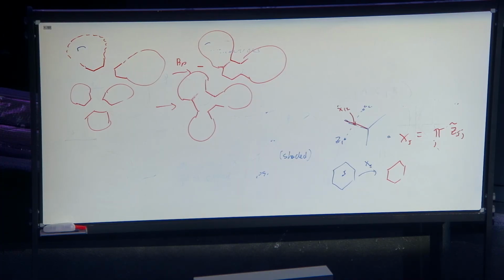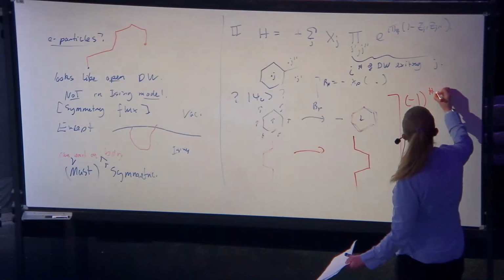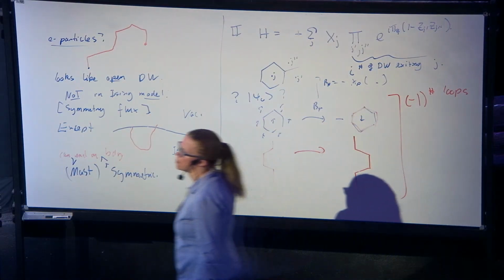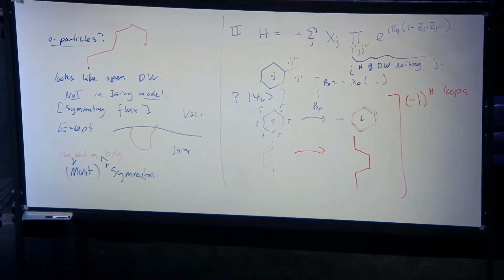So what's the pattern here? Now we can spot it very quickly. The pattern is every time I change the number of loops, here I changed the number of loops, here it stayed the same. Here I changed the number of loops from 2 to 1.